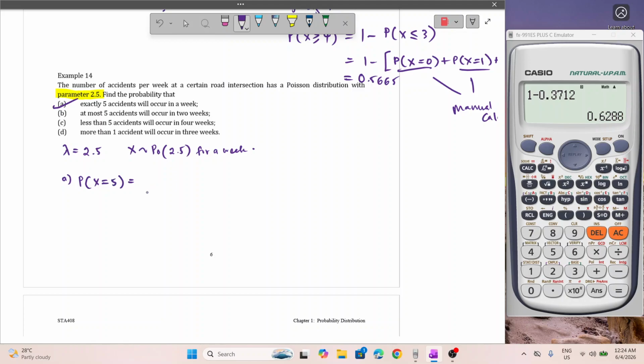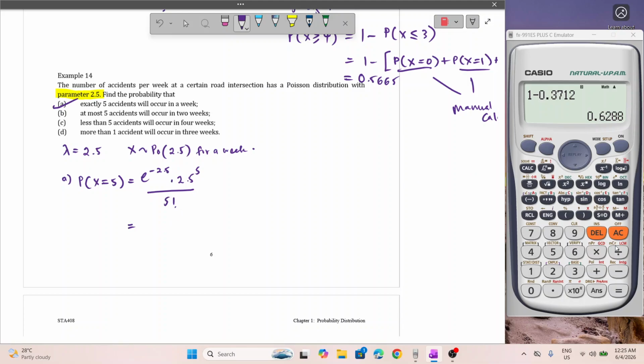For this one, you can use the formula because it is quite straightforward. You can write it as e to the power of negative 2.5 times 2.5 to the power of 5. Remember, 5 is the x value, over 5 factorial.